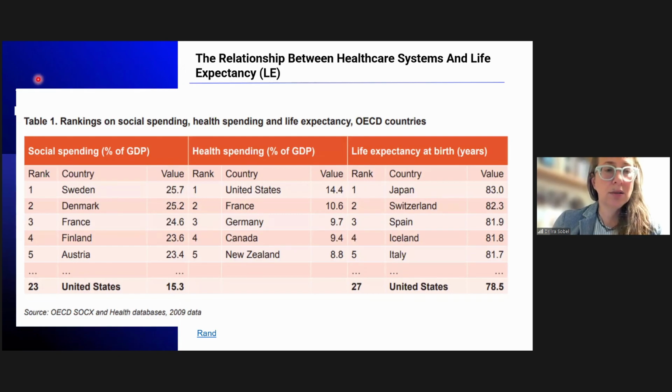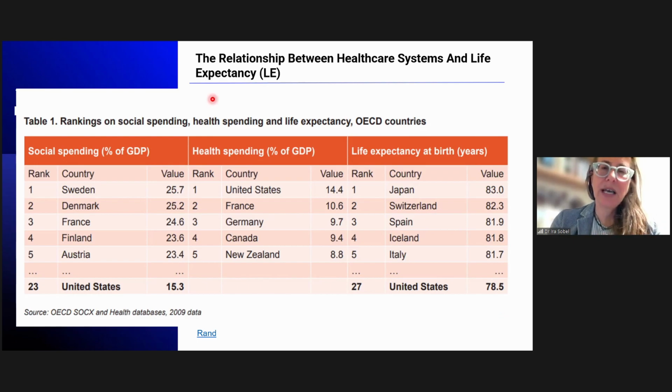And guess what? The US is ranked first in health spending as percent of GDP, 14.4%. However, as we can see on the left side, the social spending as percent of GDP is only 15%. And life expectancy in the US is ranked number 27 with 78.5 years.